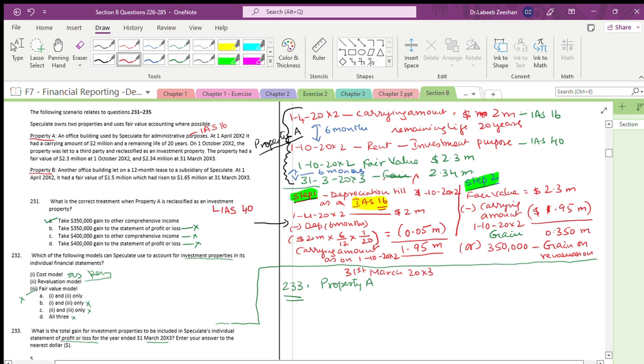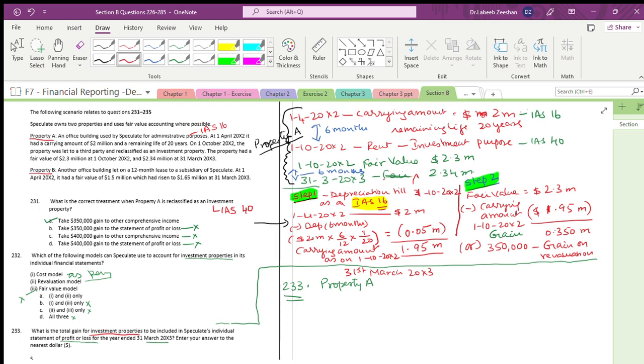What is it that they are saying? Individual statement, investment properties. They are very, very clear. Property B is another office building let on a 12 month lease to the subsidiary of Speculate as at 1 April 2002. It has a fair value of 1.5, which has risen to 1.65.